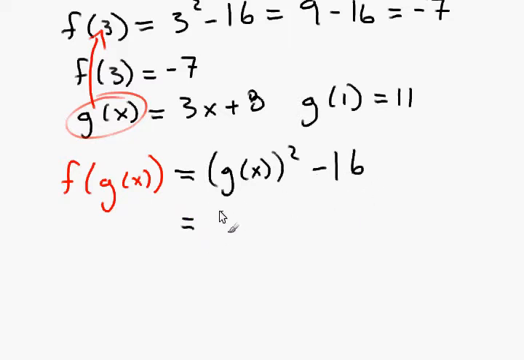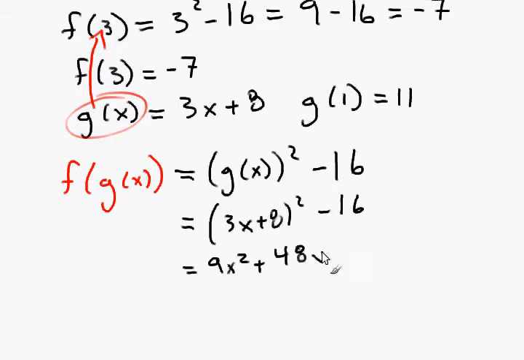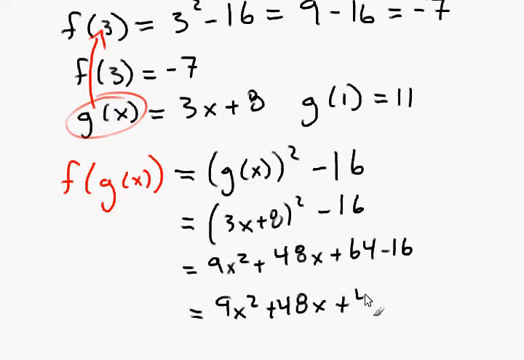And g of x is, let's see here, 3x plus 8 squared minus 16. So this is 9x squared plus 48x plus 64 minus 16. So 9x squared plus 48x plus 48 is f of g of x.